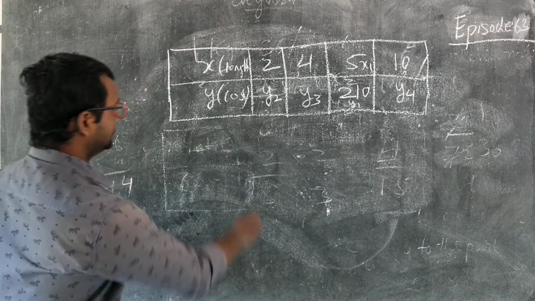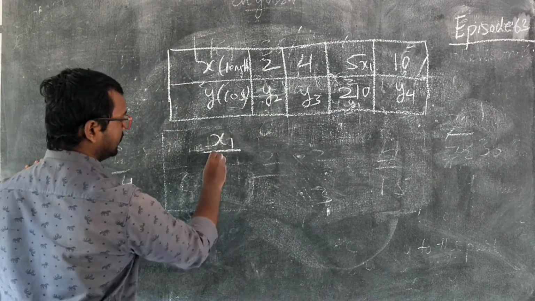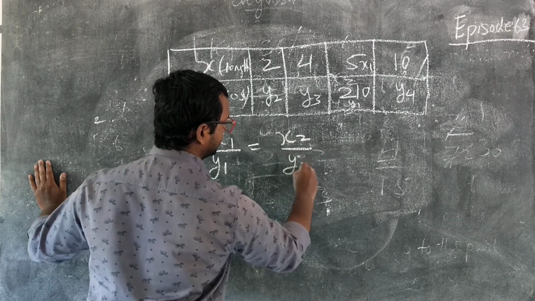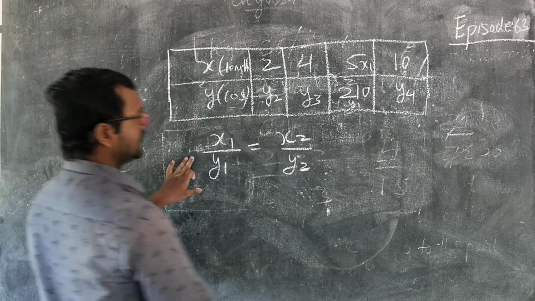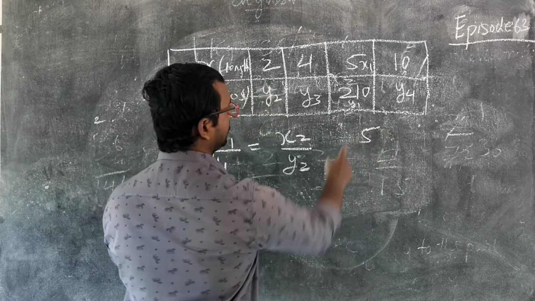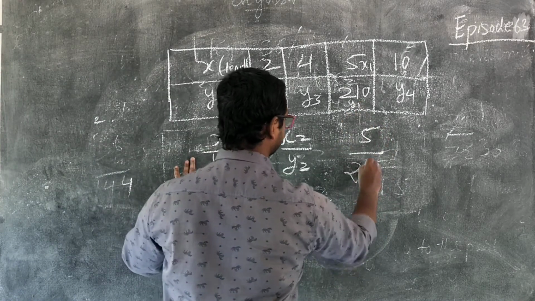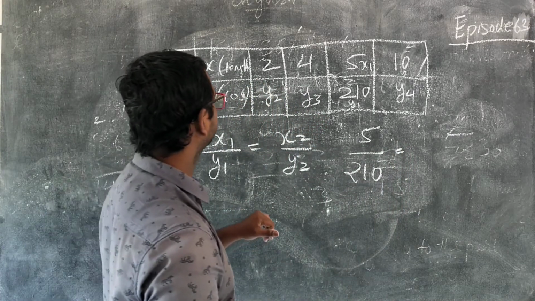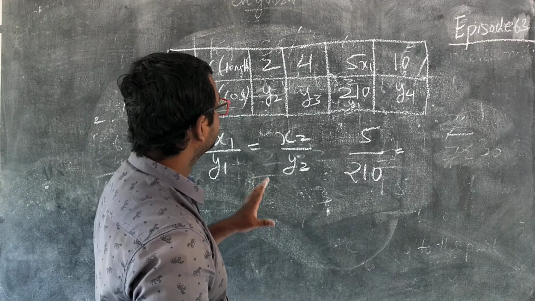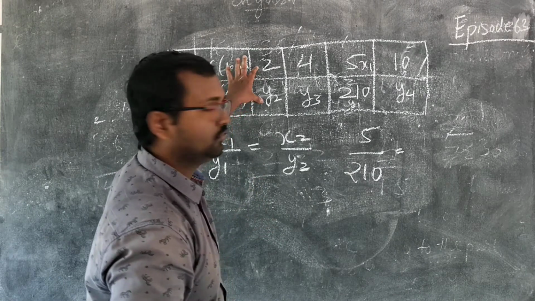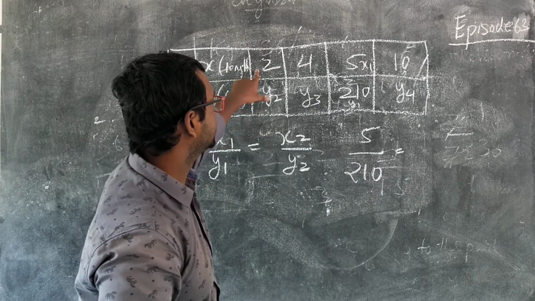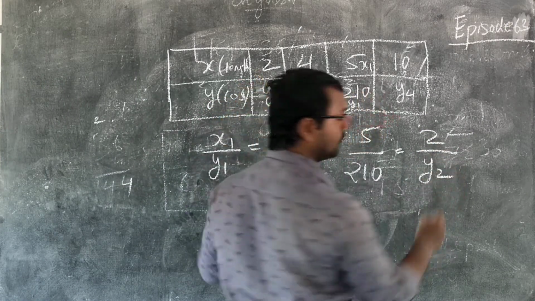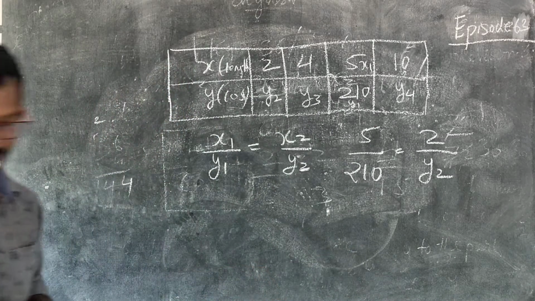We know the formula which is x1 by y1 is equal to x2 by y2. Let us put here. What is x1? x1 is 5. What is y1? y1 is 210, is equal to, what is x2? Now see, x2 is the number which is above y2. Here it is y2 means this is x2. So x2 is 2 divided by y2. y2 is missing. We have to find it.